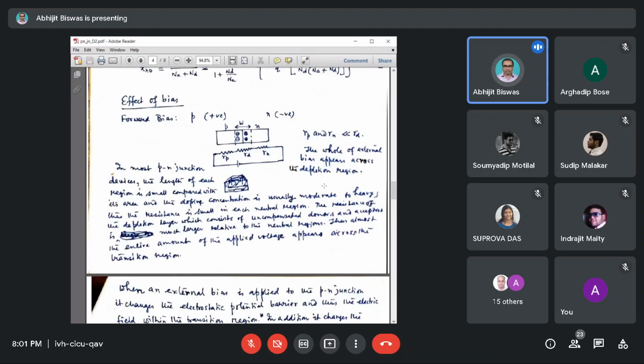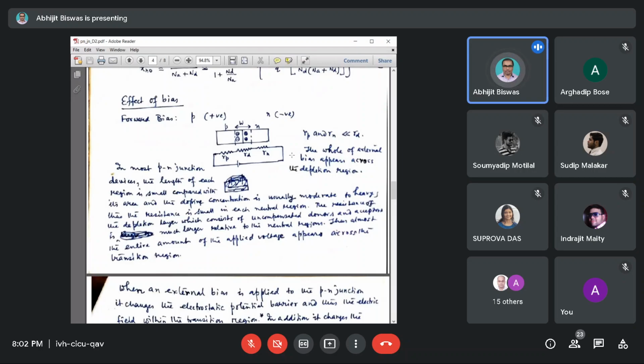In most semiconductors, we assume that the length is comparable to the cross-sectional area, and that's why you know that resistance equals rho L by A. And we consider moderately doped semiconductor. Therefore, both Rn and Rp are much less than the resistance in the depletion region, Rd.